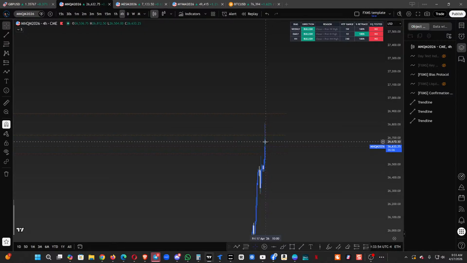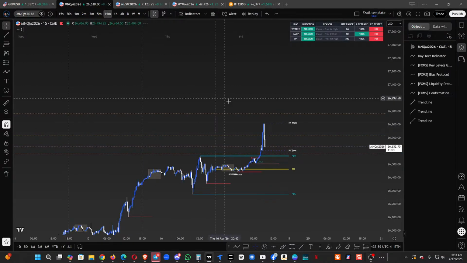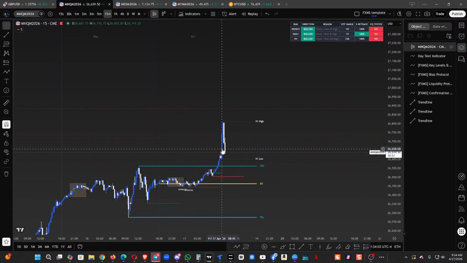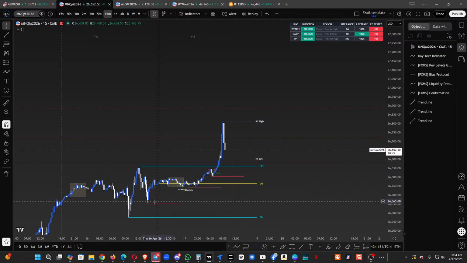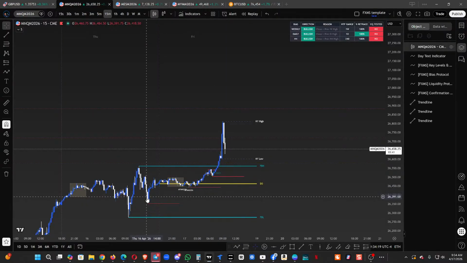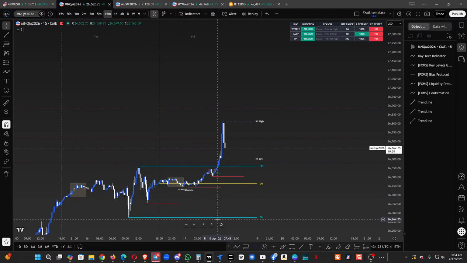Right, so here's some levels we can watch, right? Obviously closing through this level here. Let's go to the 15-minute, right? We just closed through that level right there. If we get a run through or close through the New York low, that's going to be a change of character, right? And then we can look for a potential reversal to go lower from there to run these liquidity levels below us, these swings, and then eventually previous daily low, right?